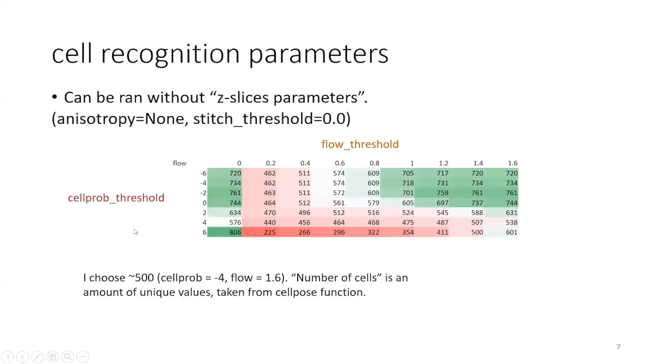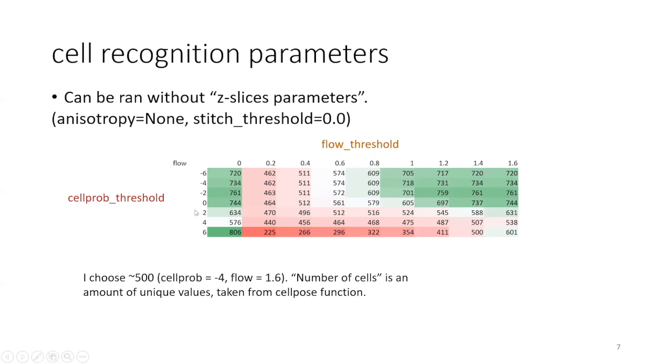So we should take, in this particular example, a number around 500, and take, for example, a 0.4 flow threshold parameter. It's not correct. And for example, 0 flow, where you see there is no change, we can take even a -6 cell prop threshold.